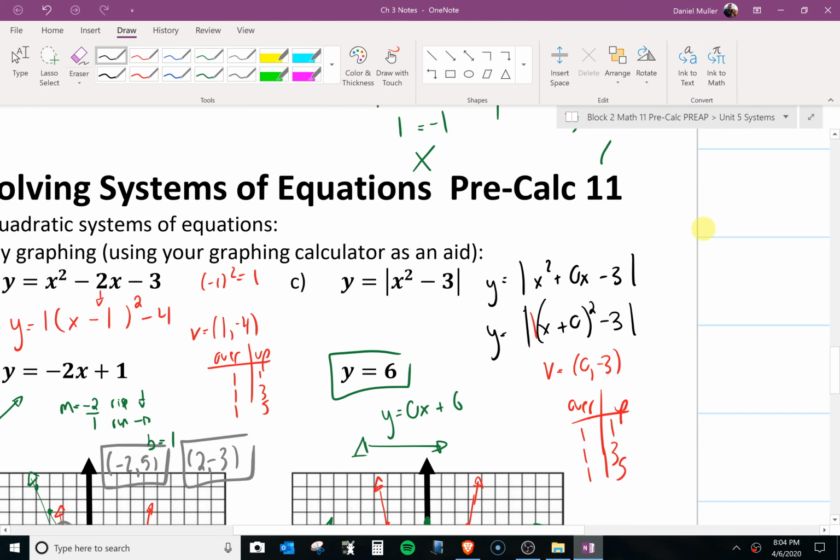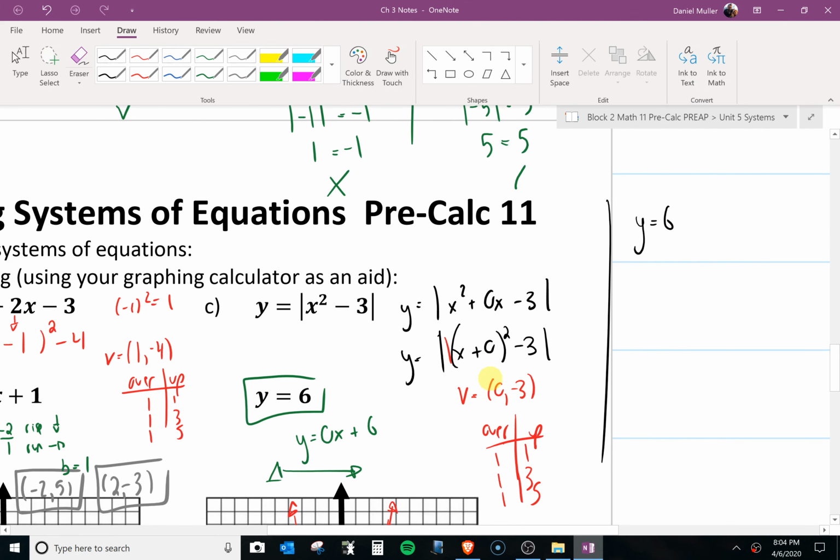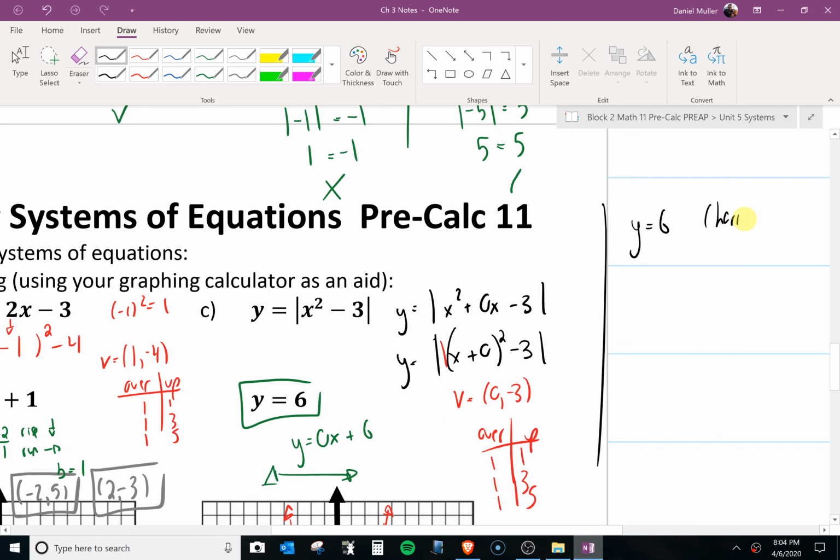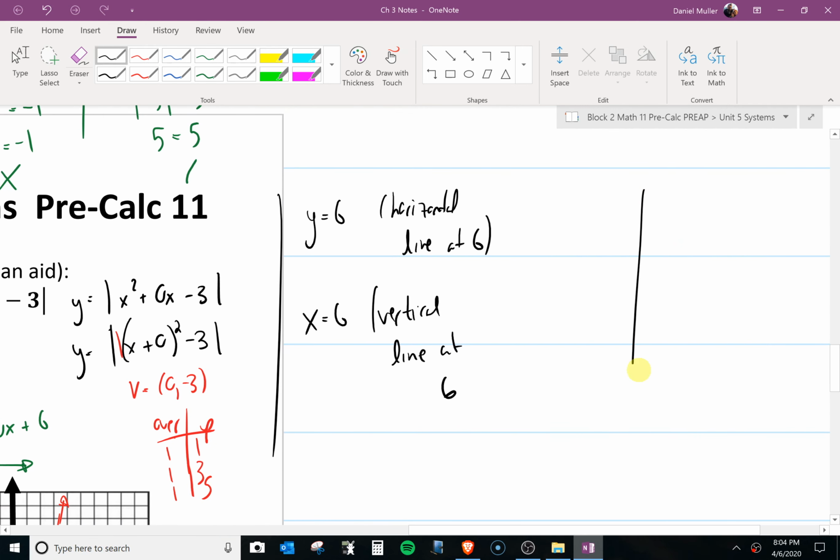Just as a note, if you have y equals 6, that is a horizontal line at 6. If you have x equals 6, that is a vertical line at 6. So, in case you're wondering, 1, 2, 3, 4, 5, 6.